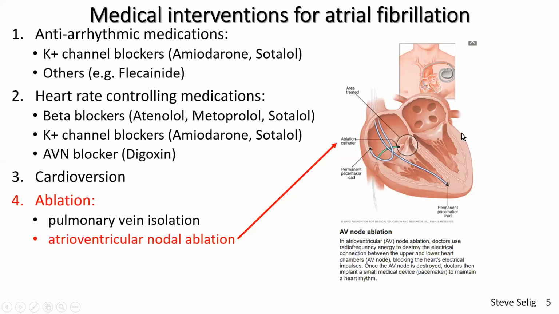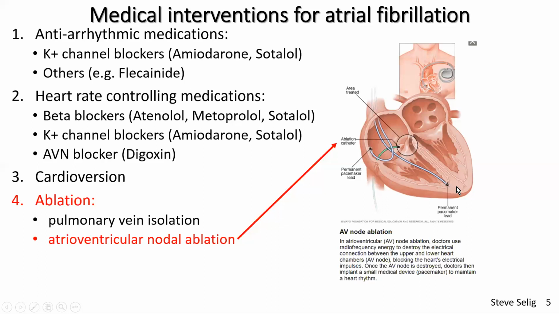However, in this situation, a permanent pacemaker must be fitted, and I've illustrated that in one of my case studies in this series. So if this AV nodal ablation is applied, normally a pacemaker must be fitted either at that time or before that procedure is conducted in the same session, so that the ventricles are then paced in rhythm.